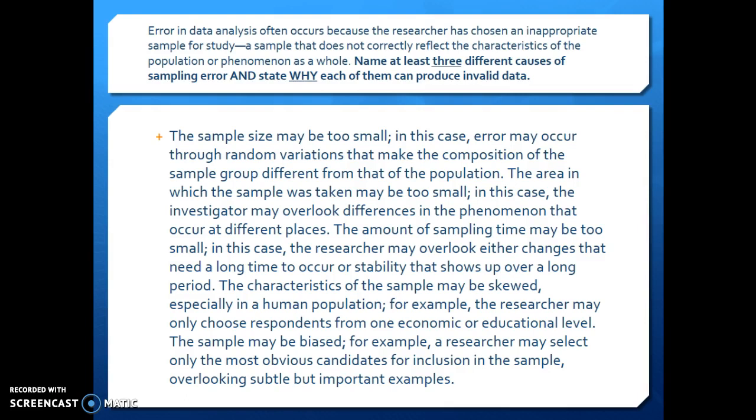Name at least 3 different causes of sampling error and state why each of them can provide invalid data. Many of you guys were able to name 3 sampling errors, but were not able to give me the why. So make sure that you give me a why answer as well.